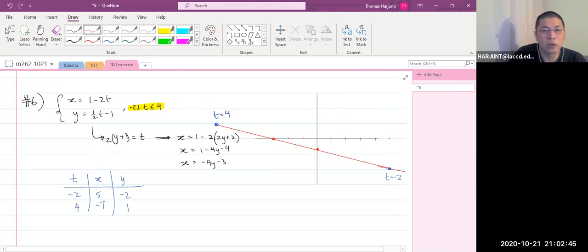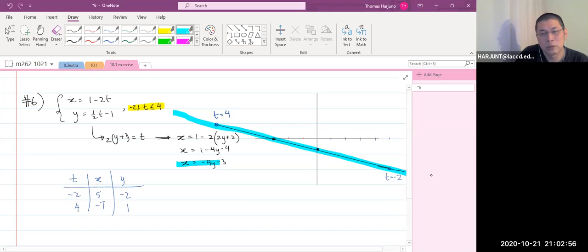Okay. Now this equation actually gives us the whole big line. But the domain t from -2 to 4 only gives us this section.